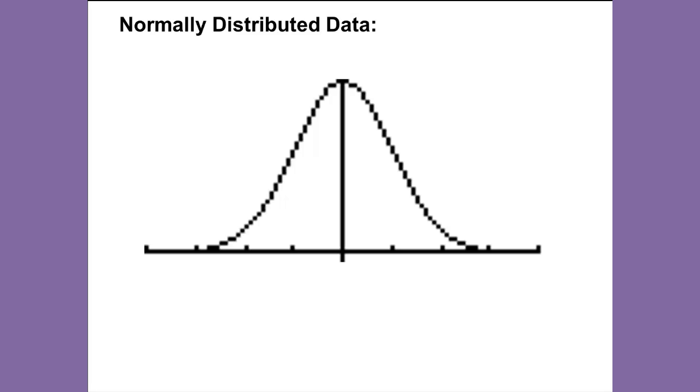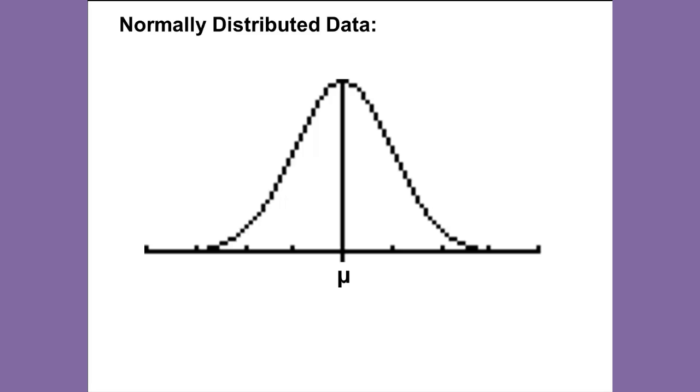This line represents the mean or the average of our data, and we will mark that with mu. Mu being the symbol for the population mean. The area under the curve represents the probabilities. What is the sum of our probabilities in any one problem? Well, that would be 1 or 100%.